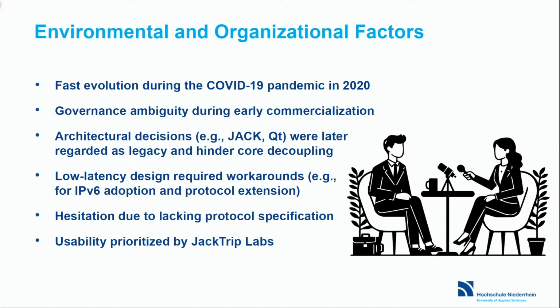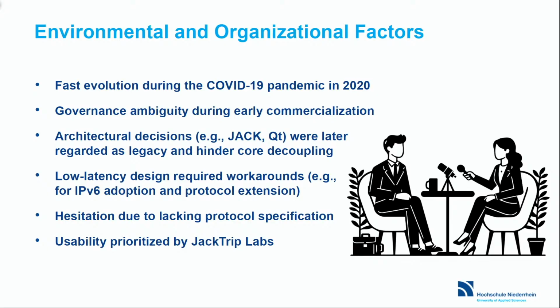This is a moment where you need to talk with the people knowing the software system inside out. The interviewed developers of JackTrip perceived the evolution during the COVID-19 pandemic as rapid due to the increased public interest in solutions for remote music collaboration, which probably induced symptoms such as an increase in architectural smells.